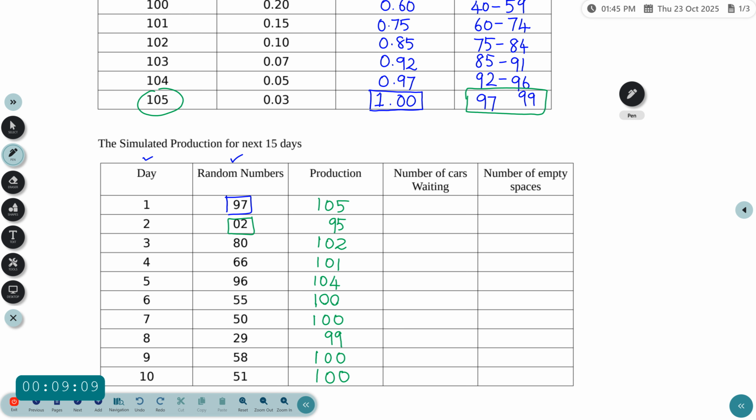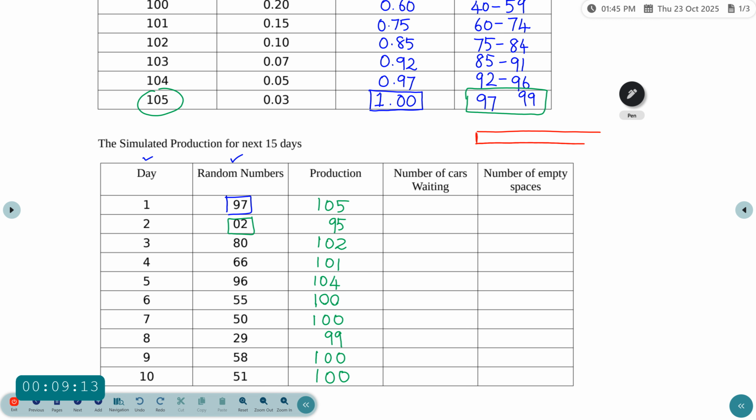In the ferry there are 101 parking places, so 101 cars can park in the ship. So here the production is 105, so 101 cars are parked in the allotted places.